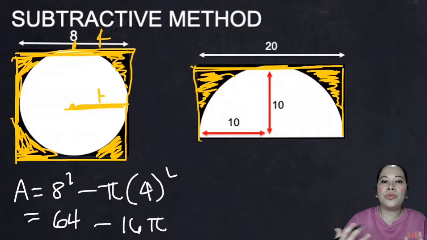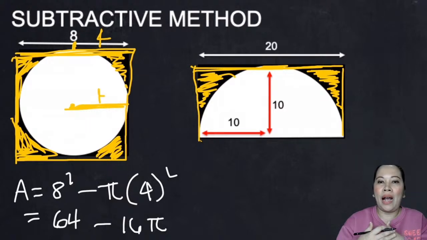If you are asked for the shaded part, then you have to solve for the area of the whole square minus the area of the circle, and then divide it by 2 so that you get half of it.